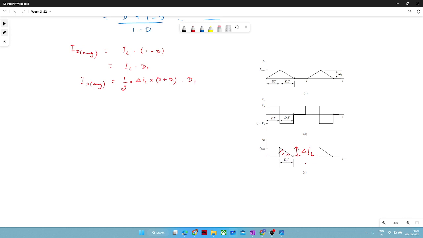And if we know this del IL value, we can easily calculate this portion or this area, right? So del IL is nothing but, we will take some particular value here as we are moving across. It was correct.